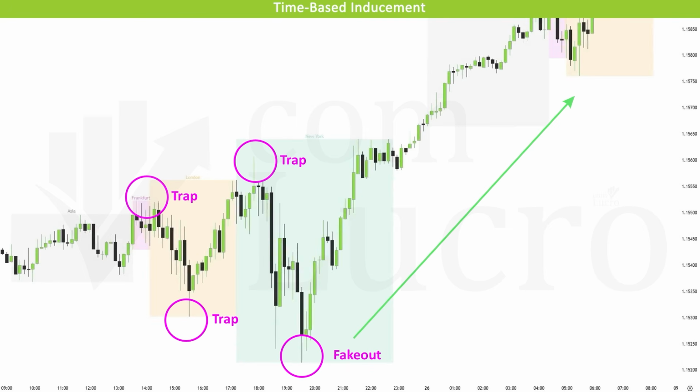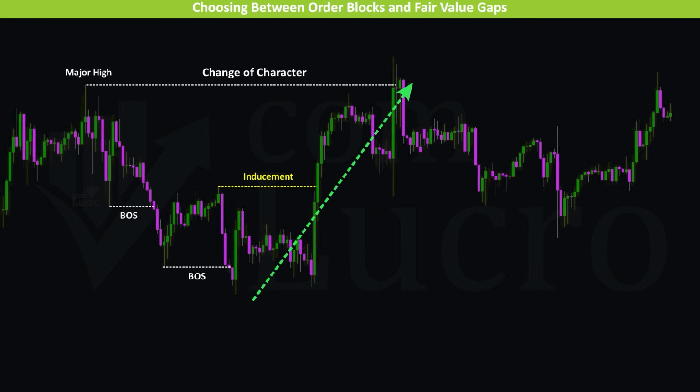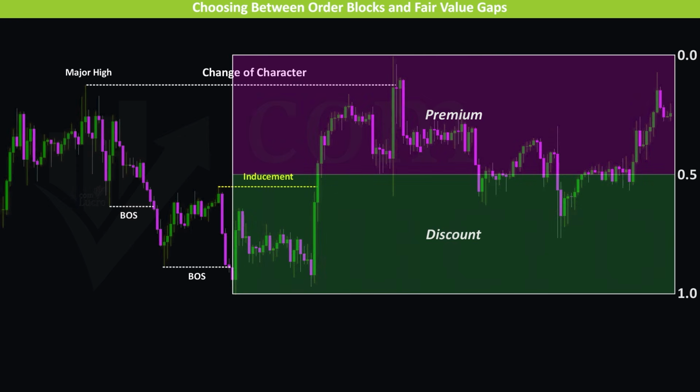Now that we understand how liquidity is engineered before the real move, let us return to our original example. So where should we look for a long entry on this chart? The first step is identifying the discount zone, which contains both the higher and lower time frame order blocks inside it.